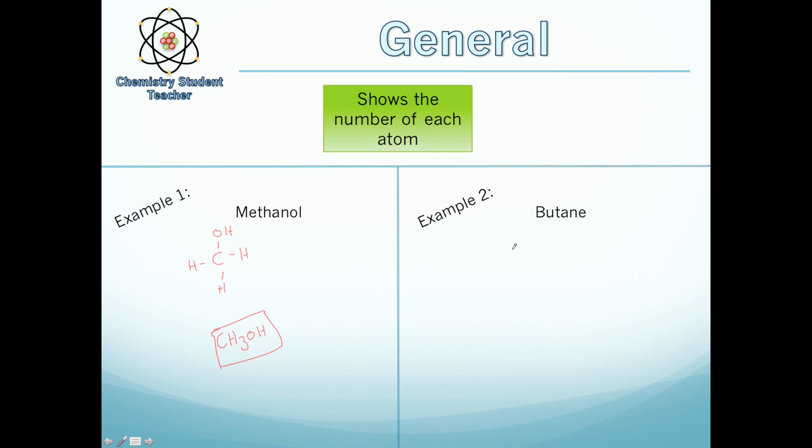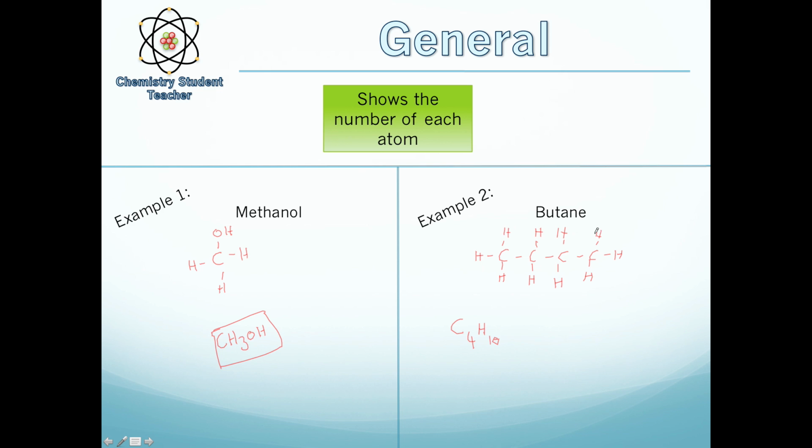So butane, as you know, has 4 carbons, 3 hydrogens on the 2 end ones, and 2 hydrogens on the 2 central carbons. So how would we show this with general formula? Again, it's just simply the number of atoms. So as we've got 4 carbons, C4, and H10.